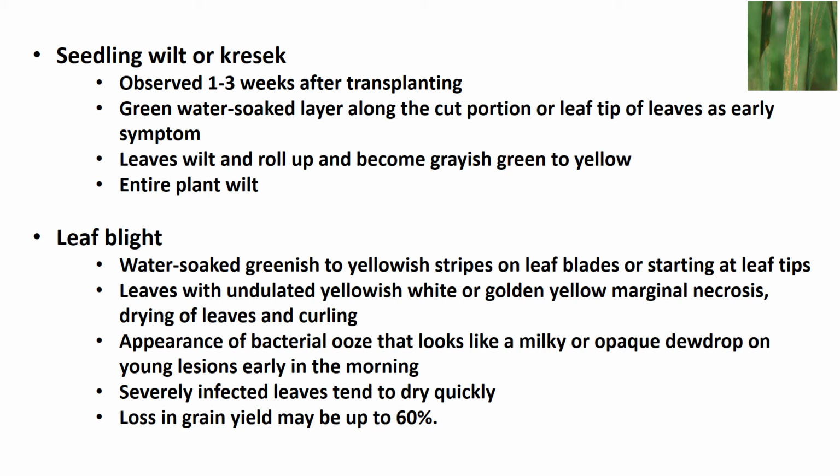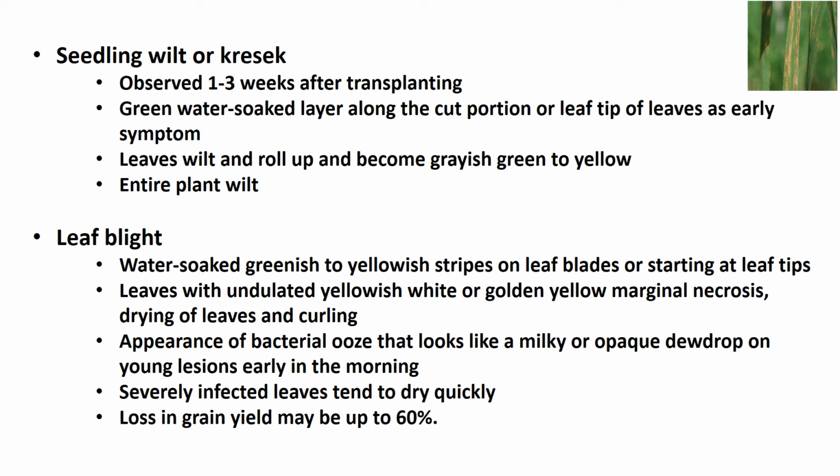There will be formation of a green water-soaked layer, which can be observed along the cut portion or in the leaf tip of leaves, and this is the early symptom. Then the leaves will wilt and roll up and will become grayish green to yellow colored. During seedling wilt, the entire plant undergoes wilting.